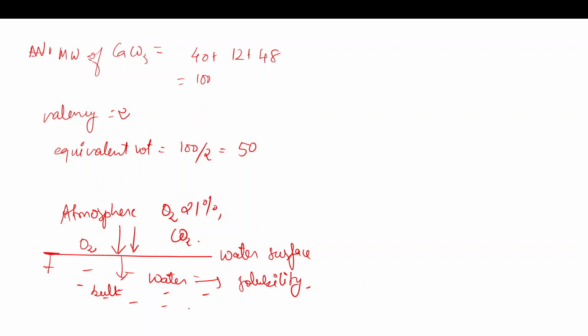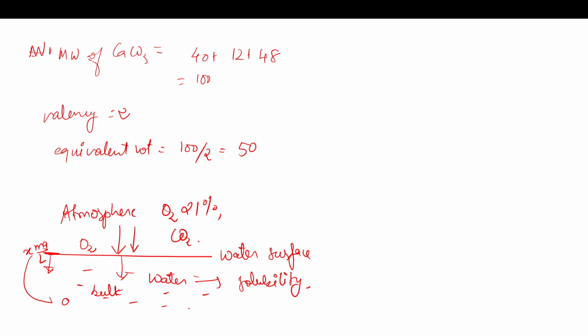Now again there is a concentration gradient, like this has, let's say, x milligrams per liter. Always the concentration in water is expressed as milligrams per liter. So x milligrams per liter of oxygen on the surface, while in the bulk, initially it is zero. So what happens?